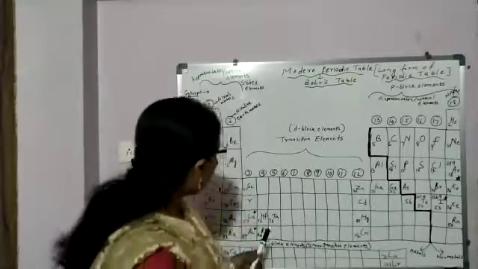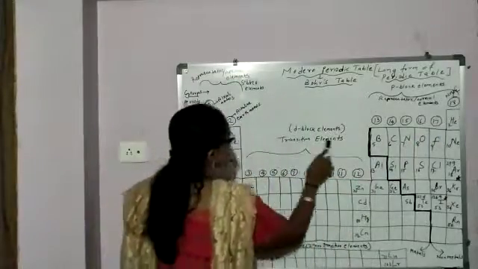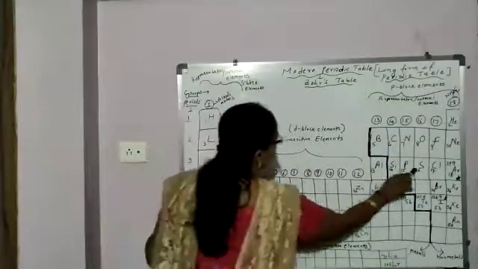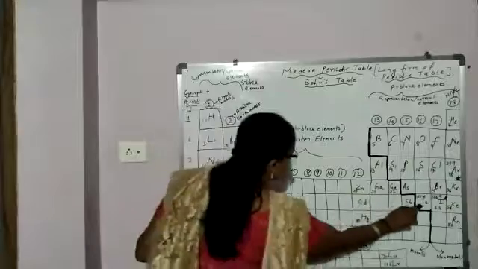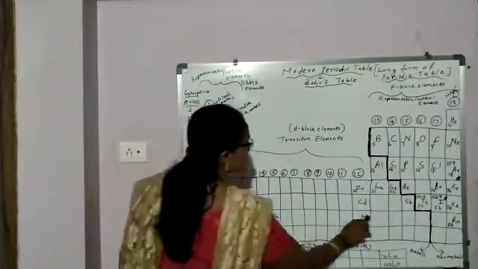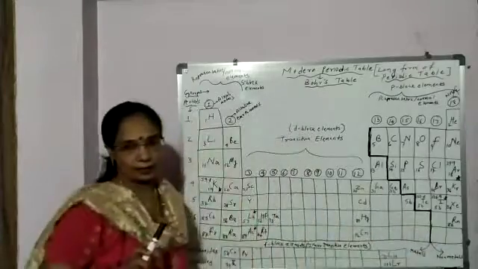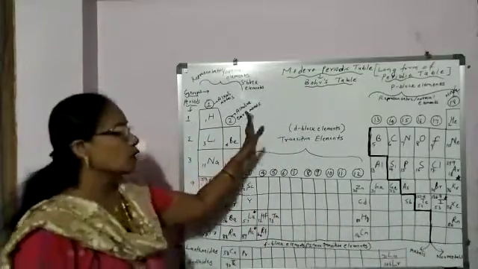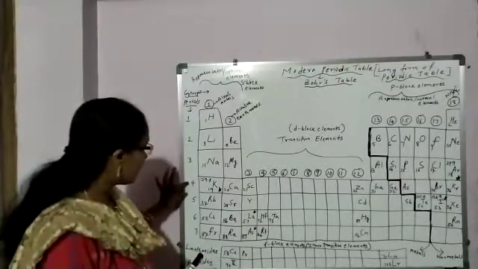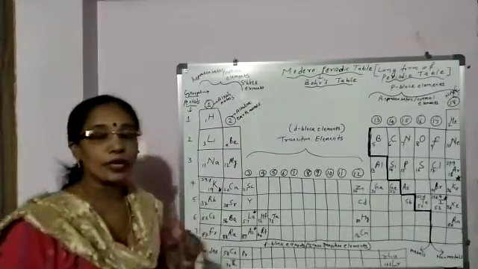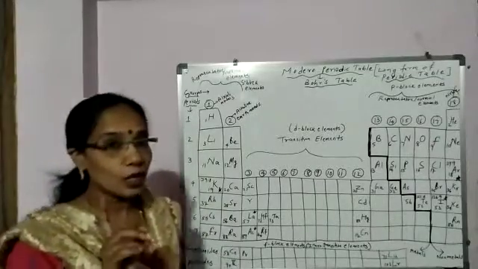And how many horizontal rows? 1, this is 2, 3, then 4, 5, 6 and 7 horizontal rows are there. And horizontal rows in the periodic table are called periods. So, how many periods are there in the modern periodic table? 7 periods.